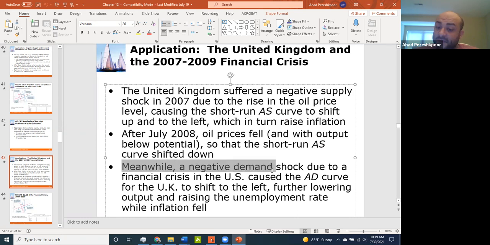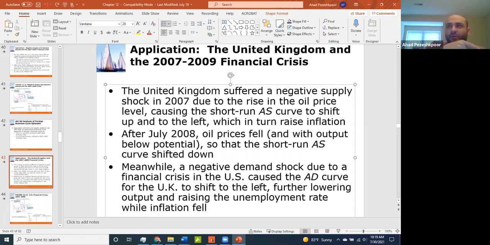Meanwhile, a negative demand shock due to the financial crisis in the US caused the aggregate demand curve for the United Kingdom to shift to the left. So a negative demand shock caused the aggregate demand curve to shift left, which is the whole Great Recession.